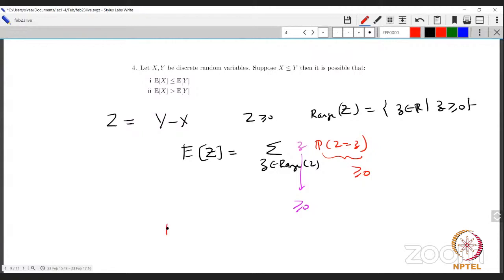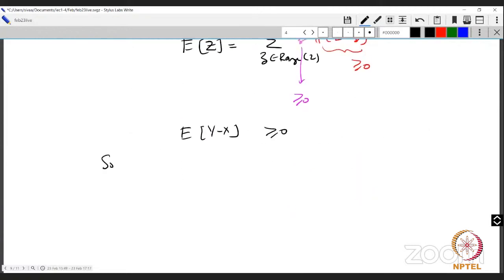So what is E of Z? E of Z is E of Y minus X, and E of Y minus X has to be non-negative. Now, suppose E of Y was finite and E of X was finite.